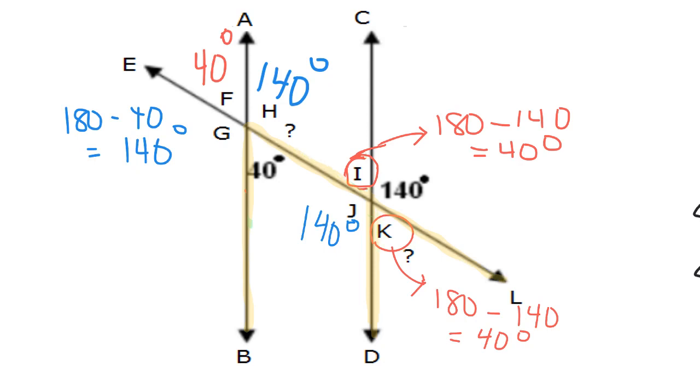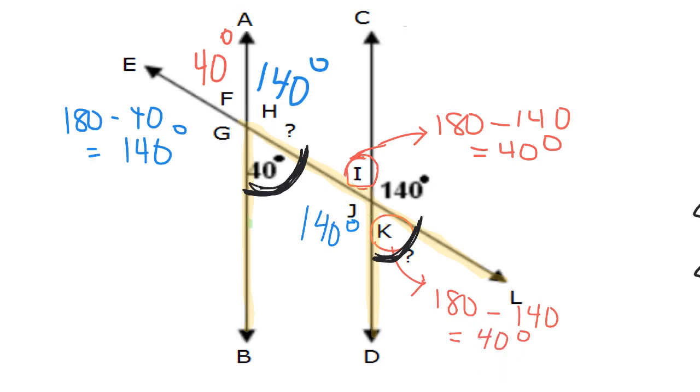So you can see that there is this backwards, sideways F. And so if we were to use the F pattern, our corresponding angles would be this 40-degree angle in the corner and angle K. So that tells us that if this angle is 40 degrees, then angle K is also going to be 40 degrees. And we know for a fact that it is from our previous calculations.